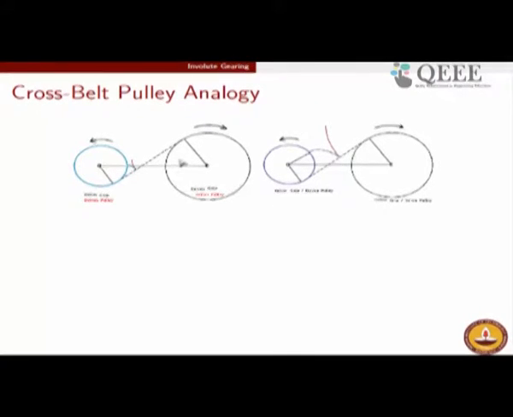The cross belts, as you know, are like an internal tangent between the two circles. So what we have here is two pulleys which are connected through a cross belt. In this case, the bigger pulley is rotating in the clockwise direction and the string is being wound around this bigger pulley. So in the sense of the pulley, this is the driver pulley, and in the smaller pulley case, the string is being unwound, right.